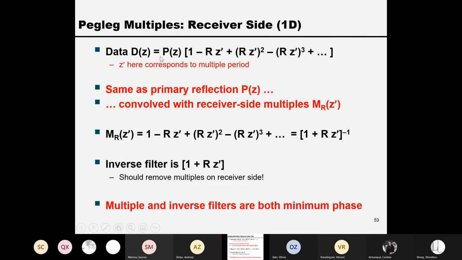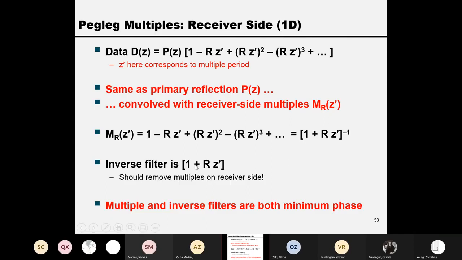You have a receiver-side primary here, convolved with a multiple filter. The multiple filter in the receiver side is 1 over 1 plus RZ prime. The inverse filter is 1 plus RZ prime, basically the denominator of this, right?